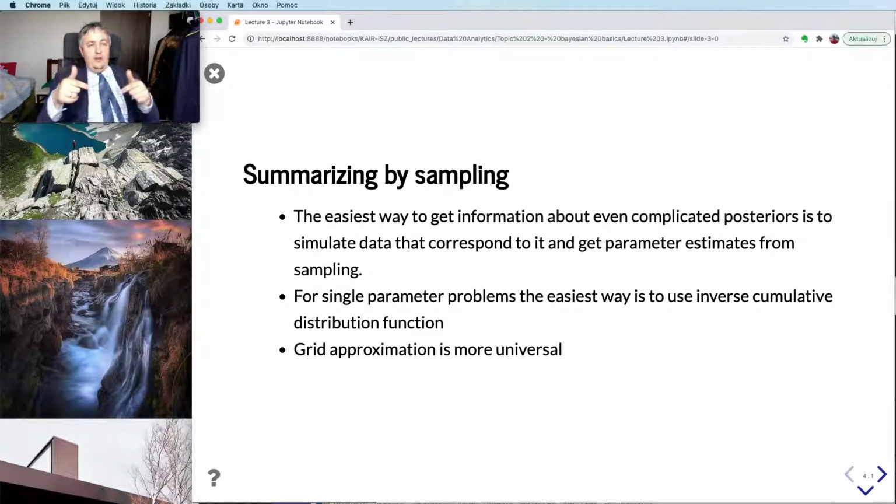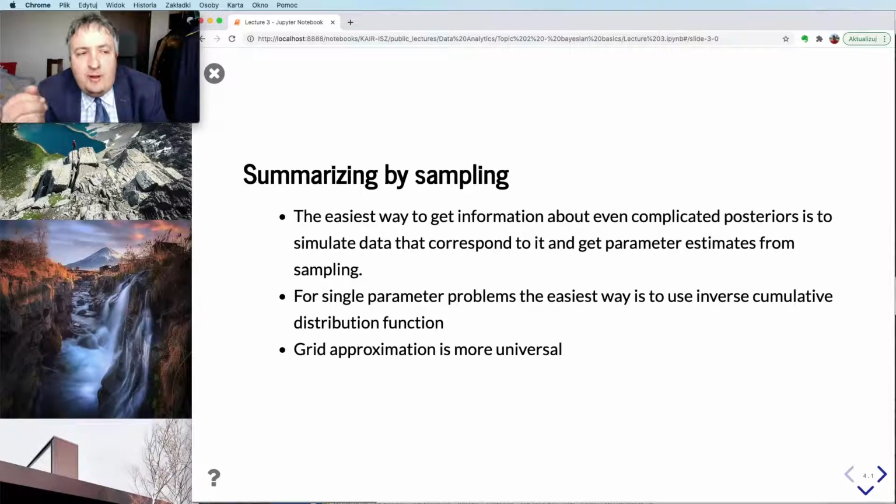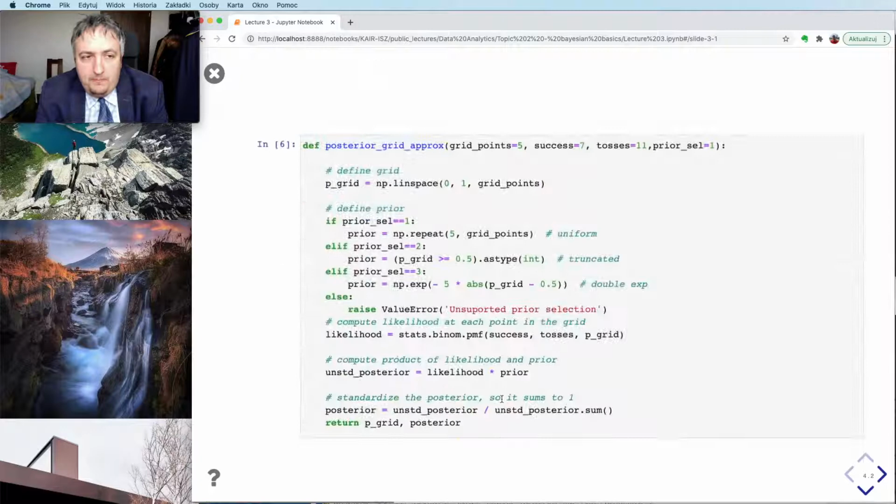So the inverse cumulative distribution function can then be used with a random number generator on a uniform scale. So using uniform numbers between 0 and 1, we can transform those numbers into values of parameters on our grid. Grid approximation, on the other hand, is a bit more universal because it does not require us to compute the cumulative distribution function. In a way, it just allows us to compute things using the values from the grid.